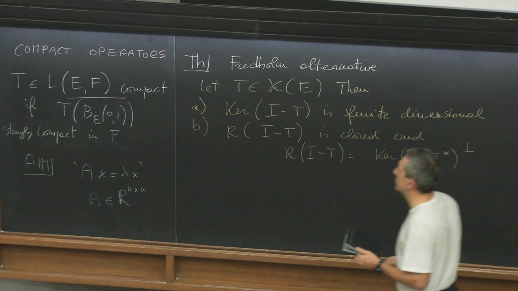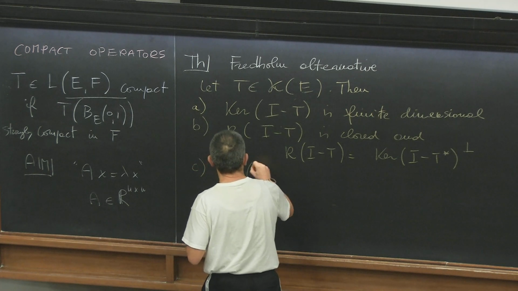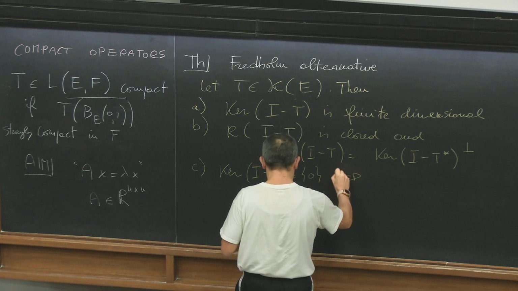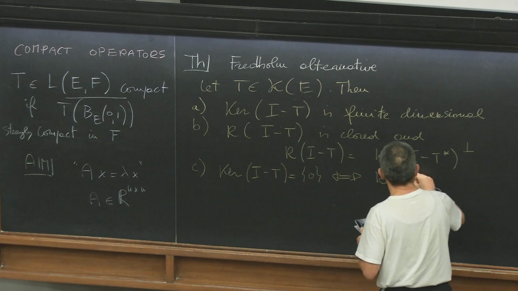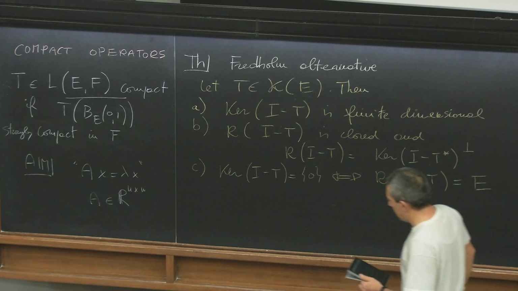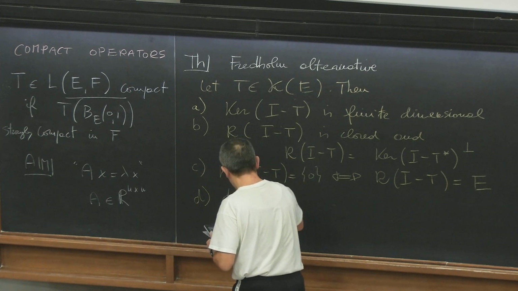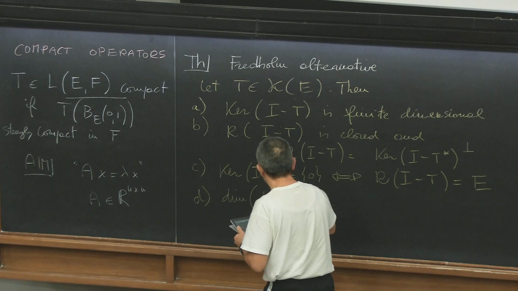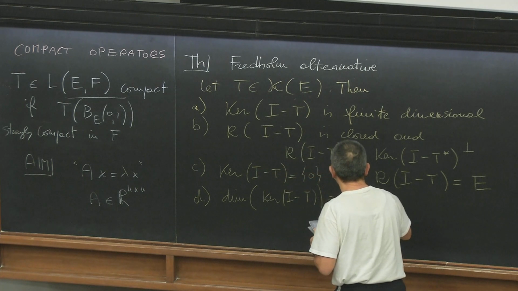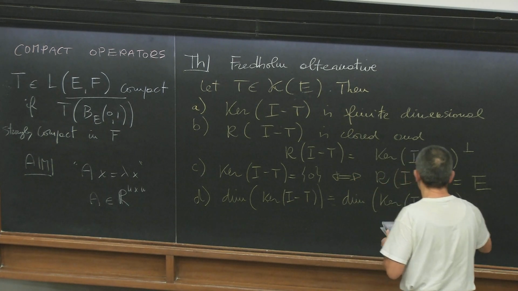And this is a general relation. C: the kernel of identity minus T is equal to 0 if and only if the range of identity minus T is equal to the whole space. And D: the dimension of the kernel of identity minus T is equal to the dimension of the kernel of identity minus T star. Okay?